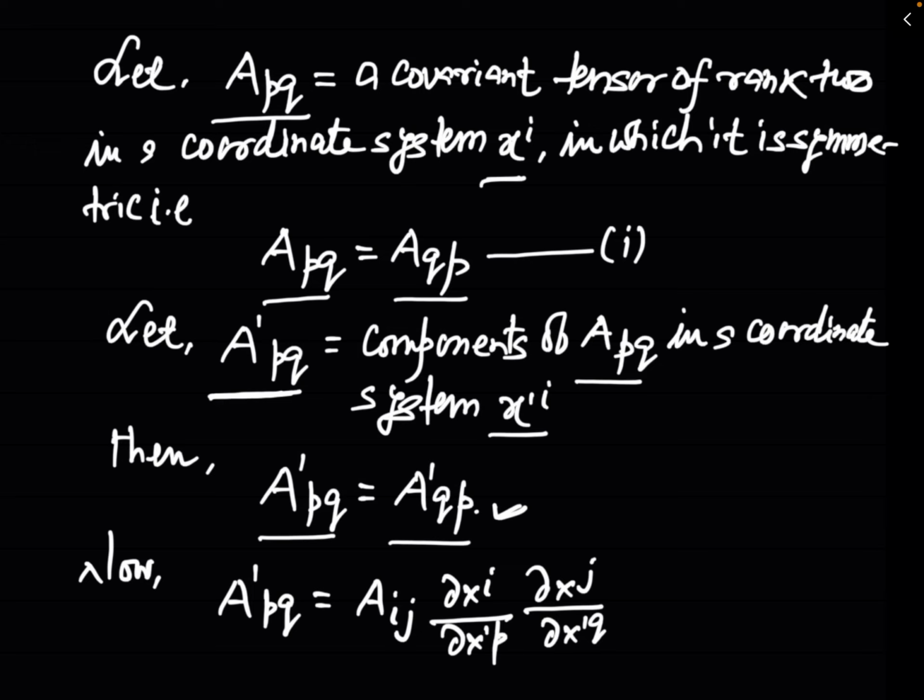But as the statement of the theorem says, or you can see the equation number 1, that in unprimed coordinate system, this tensor is symmetric. It means Apq is equal to Aqp. So you can say that this Aij will be equal to Aji, because you know this Aij are actually the components of this tensor in the unprimed coordinate system, that is the coordinate system xi.